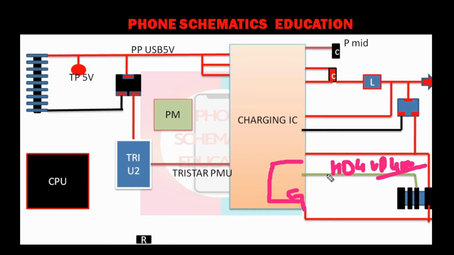Through this pin, the charging IC senses how much charge or current is in the battery at a time, or how much is required to charge full. After that, the charging IC converts this data from analog to digital and gives it to the CPU. How? I will show you in the next line.